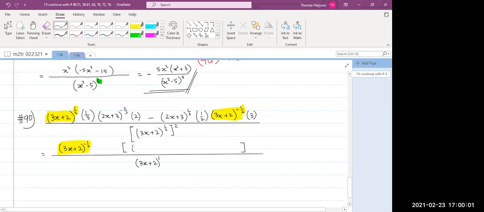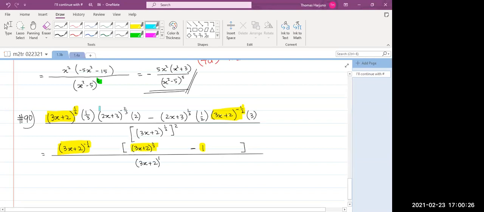So I will just write 3x plus 2 to the power of 2 over 2. Let me write it that way for now. Is it okay? And then for the second part, let me be careful with my sign here. Don't repeat the same mistake. 3x plus 2 to the power of negative 1/2 is already out, so it's only 1 left. So the yellow part becomes this.